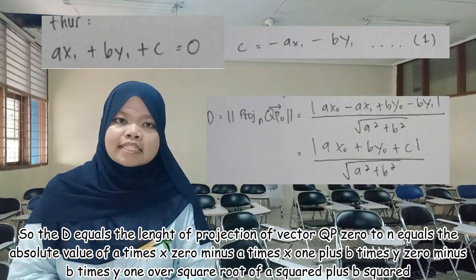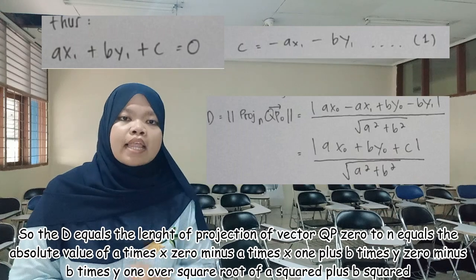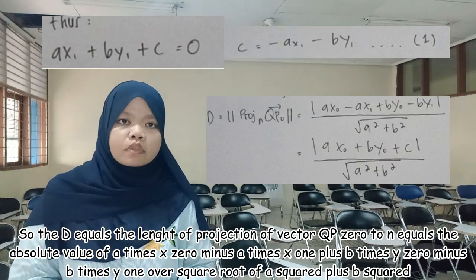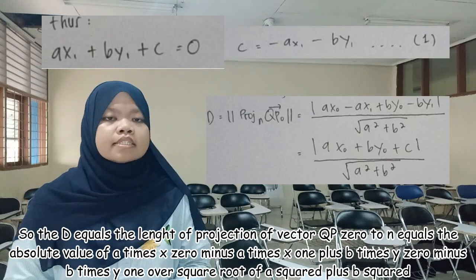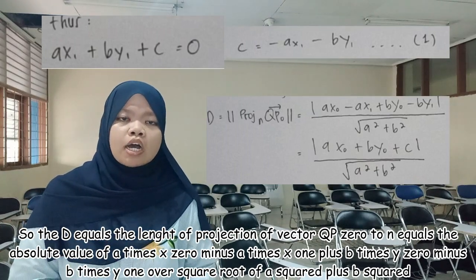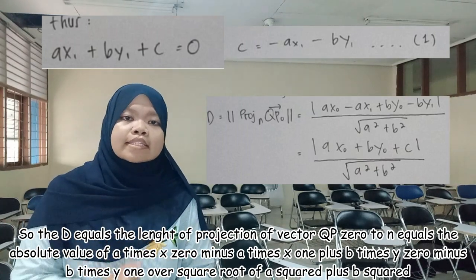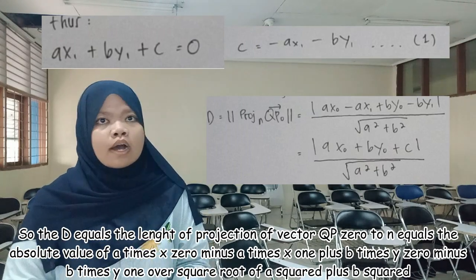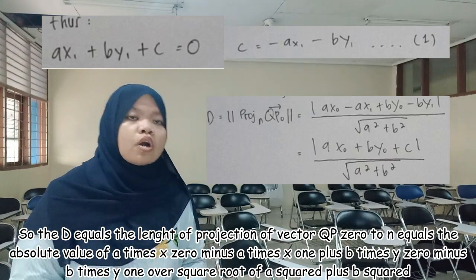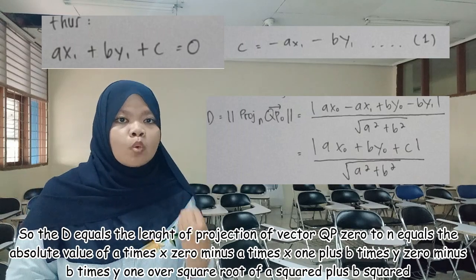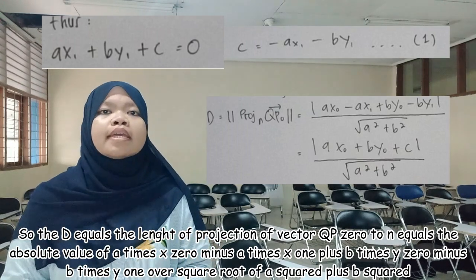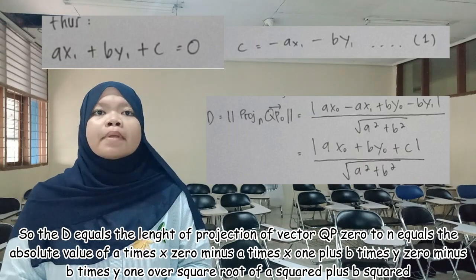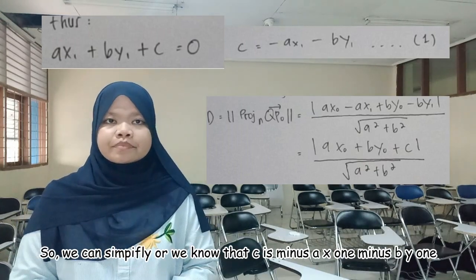So we substitute equation one into the formula. The distance d equals the length of the projection of the vector P0 on n, which equals the absolute value of a x0 minus a x1 plus b y0 minus b y1 over the square root of a squared plus b squared.